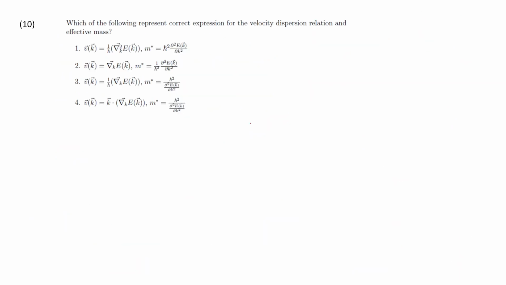Now, which of the following represents the correct expression for the velocity, dispersion relation and effective mass? I'll just try to motivate the expression. We know that the energy is given by p square over 2m. If we take a derivative with respect to p, we get p over m. p is nothing but mv, so p over m is nothing but v.